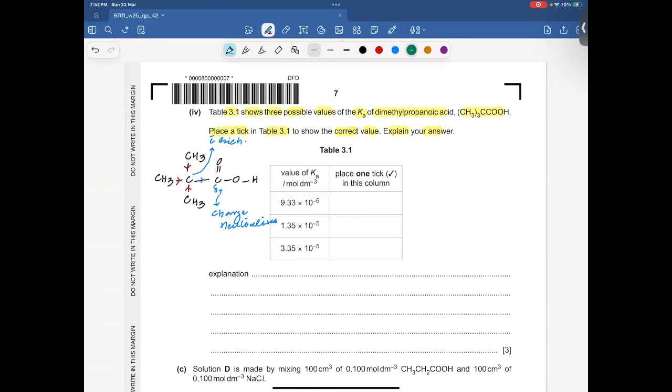On the basis of that charge neutralization, oxygen cannot pull the electrons from hydrogen, and similarly, ionization of hydrogen from here is not easier. Since ionization of hydrogen is not easier, its acid strength decreases. On the basis of that, the value of Ka is going to be the first one, the predicted or possible value, you can say.